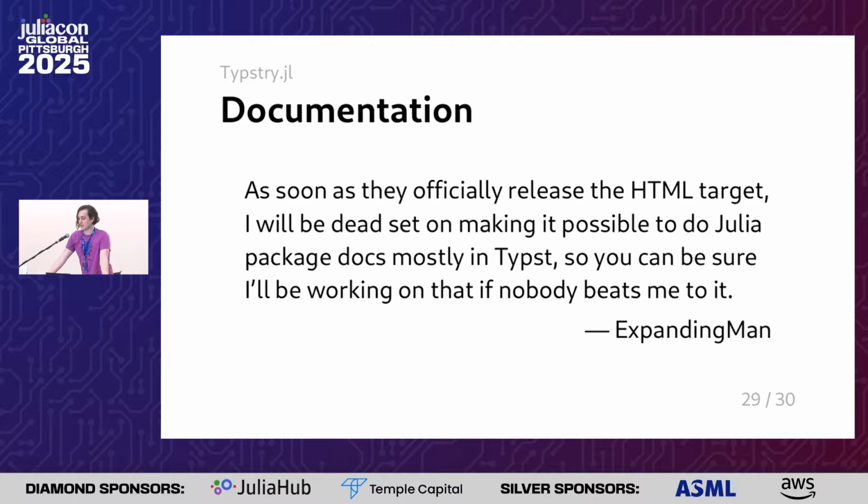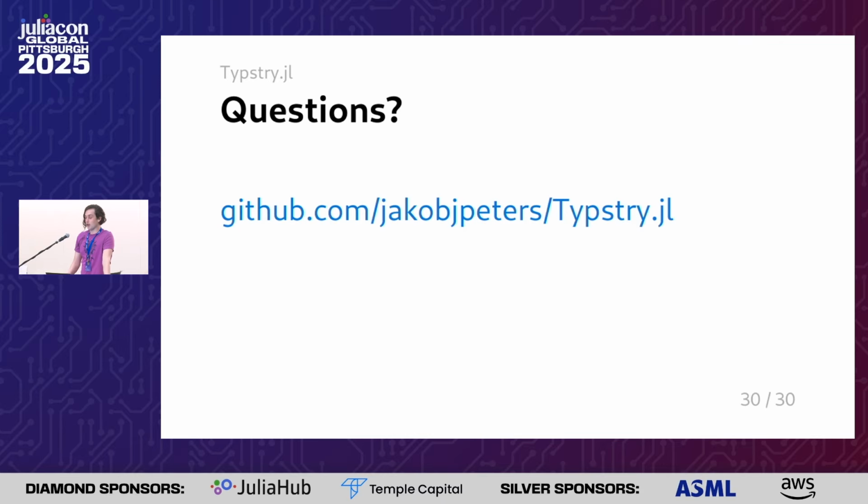As soon as they officially release the HTML target, I will be dead set on making it possible to do Julia package docs mostly in Typst, so you can be sure I'll be working on it if nobody beats me to it. I'm really looking forward to that. We just have to wait for HTML to be finished up. And that's the final thing, these slides were written in Typst. Any questions?